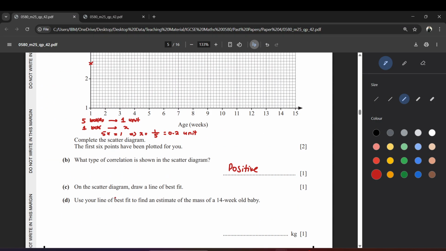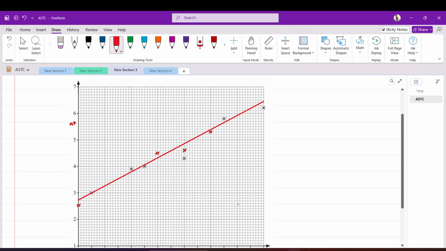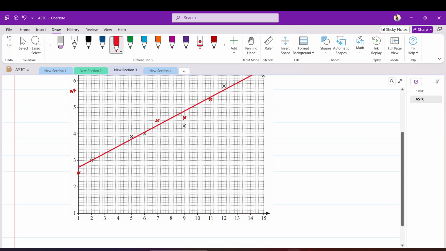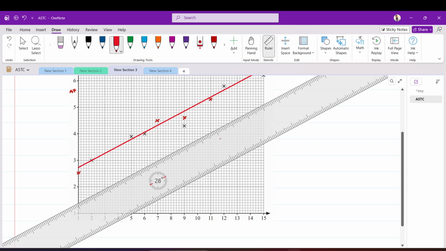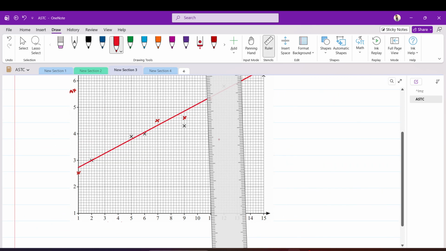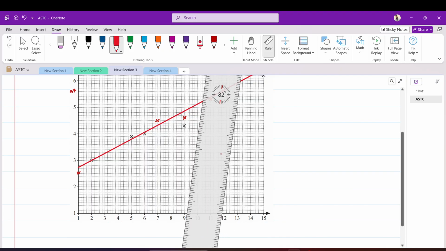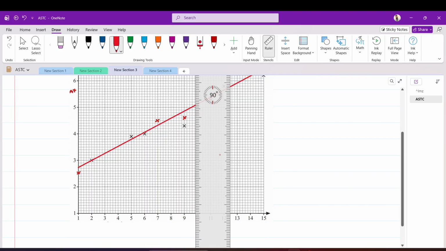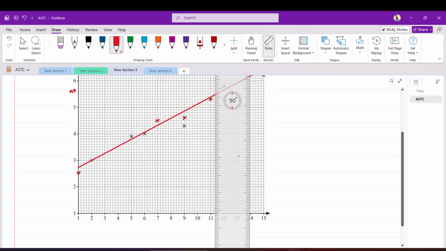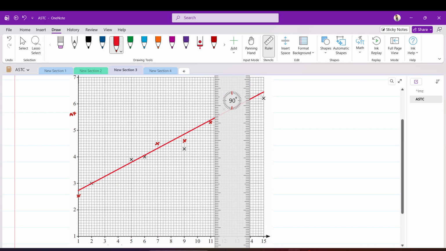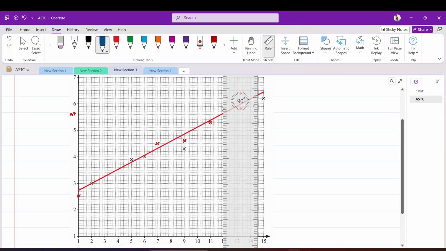All right, now it says use your line of best fit to find an estimate of the mass of a 14-week-old baby. So 14 is over here, so let me use my ruler to help me. All right, if I keep my ruler over here, now 40 should be over here.